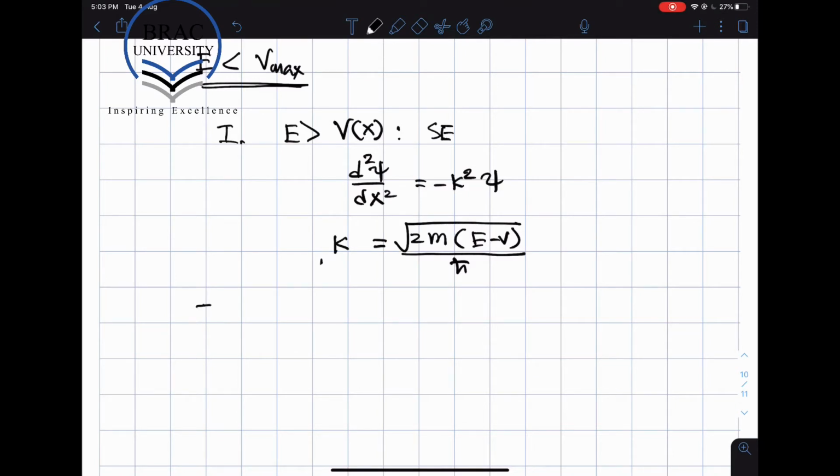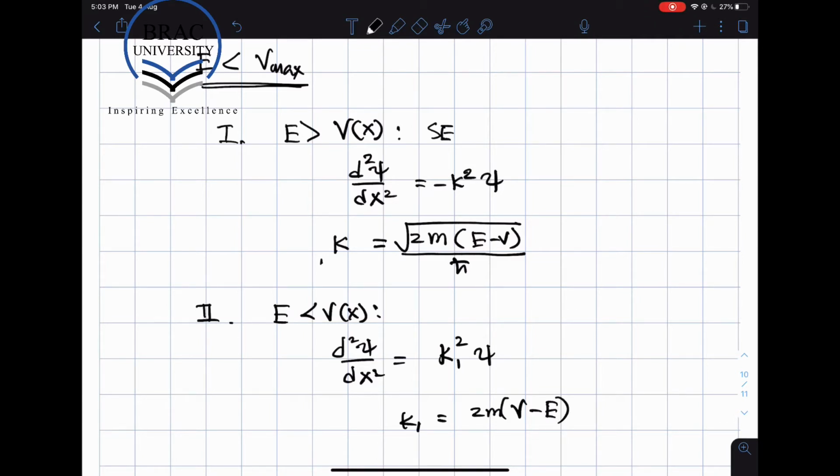Another region would be where the energy is less than the potential energy over there. In such a region, the kinetic energy would be negative, and the Schrodinger equation has a form like minus k1 squared psi, where k1 is given by the square root of 2m(V minus E), divided by h bar.